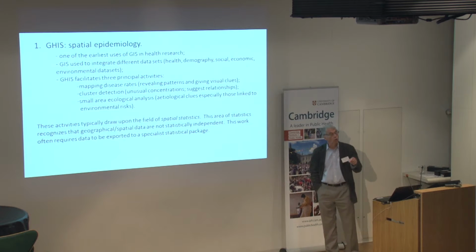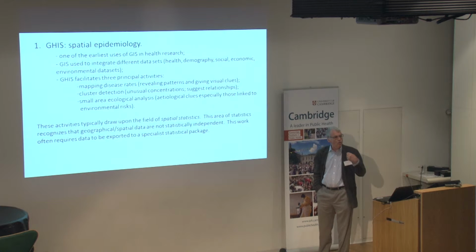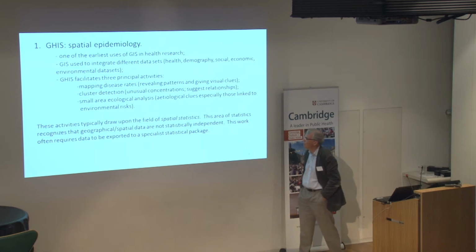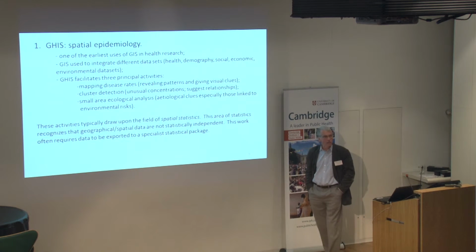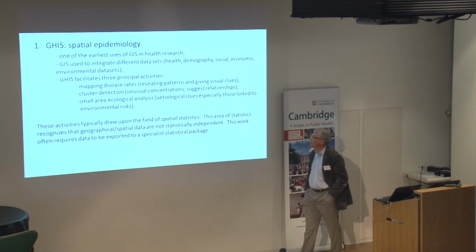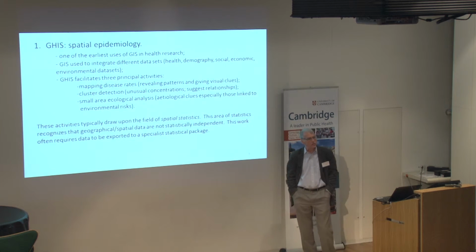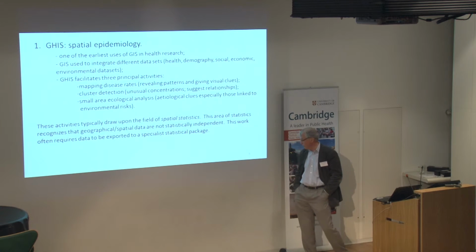A second very important component is cluster detection, identifying unusual concentrations, suggesting possible relationships between those concentrations and possible environmental or social or demographic characteristics. And then finally, small area ecological analysis, which may in certain circumstances give useful clues, especially those that might be linked to the environment, the physical environment in particular, that might be responsible.